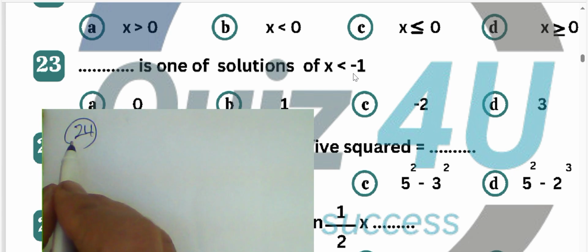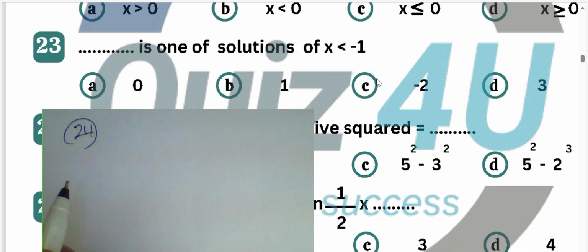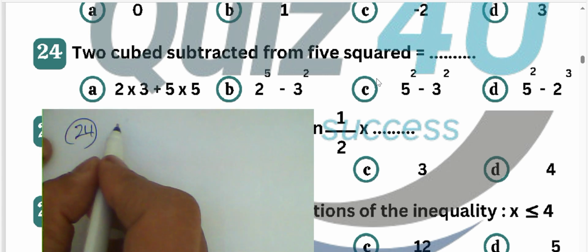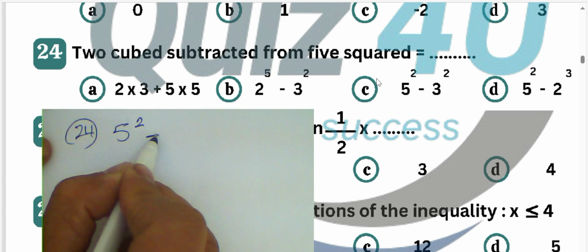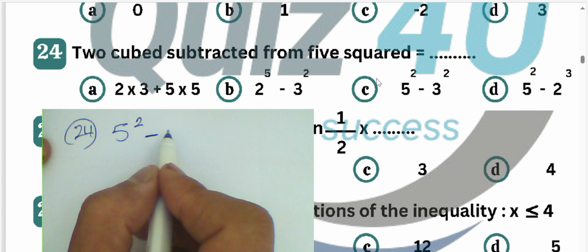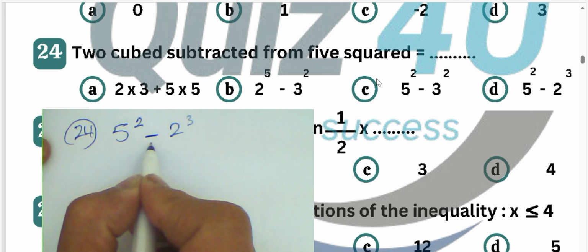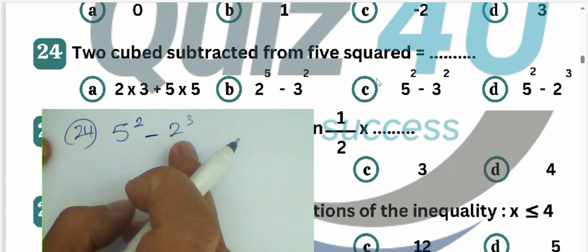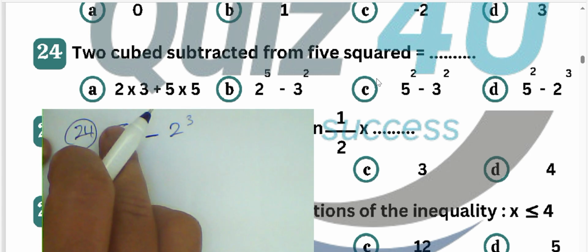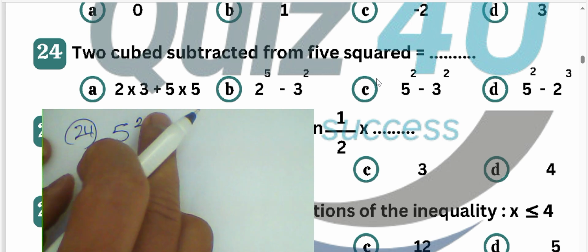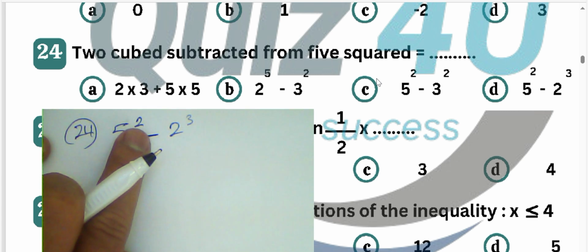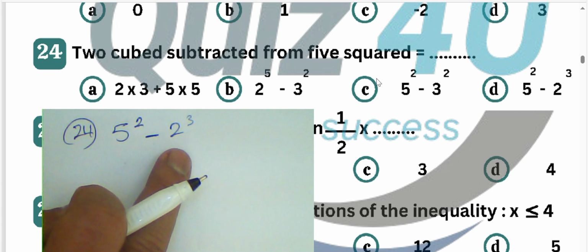Question 24. 2 cubed subtracted from 5 squared. 5 squared will be 5 power 2, subtracted by 2 cubed. 2 cubed means 2 power 3. So 2 cubed subtracted from 5 squared will be 5 power 2 subtracted by 2 power 3, because 5 power 2 is the minuend and 2 power 3 is the subtrahend.